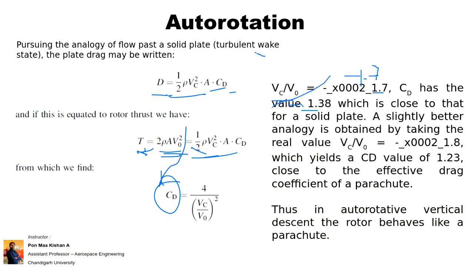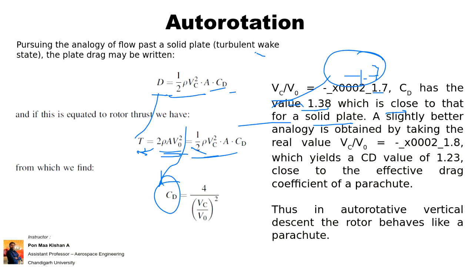So if VC by V naught is minus 1.7, minus 1.7 indicates that the helicopter is descending. It is having some descent rate. Okay. So at that time we are getting a drag coefficient value of 1.38. That 1.38 is very much close to the solid plate.